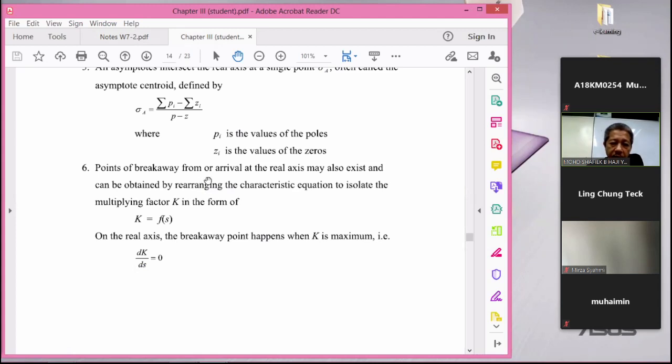Therefore, we are going to have an arrival point. We can compute the arrival point the same way we compute the breakaway point by rearranging the characteristic equation for k as a function of s and taking the derivative of that, and then you can solve for the break-in point.